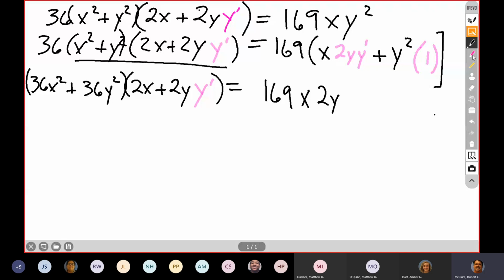Oops, I went too fast. Plus y squared. Oh, you don't need that parenthesis. There we go. I've got to redo and undo. That's good.